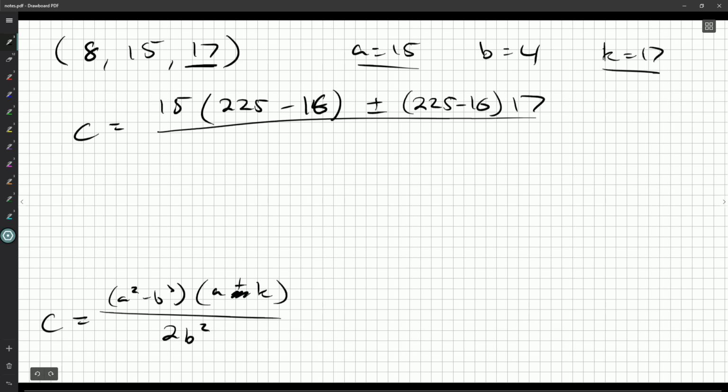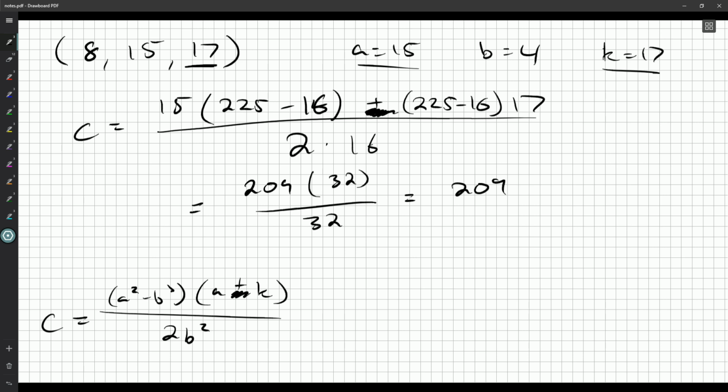So it definitely has to be the plus. All over 2 times 16. So that's B squared. So let's see. We'll have 209 times 32 all over 32. So C is 209, and that's not good for me either.